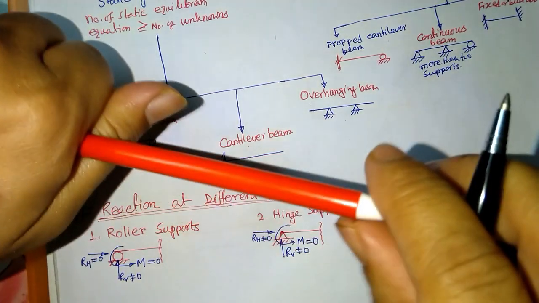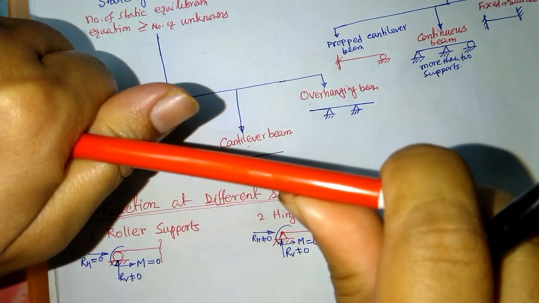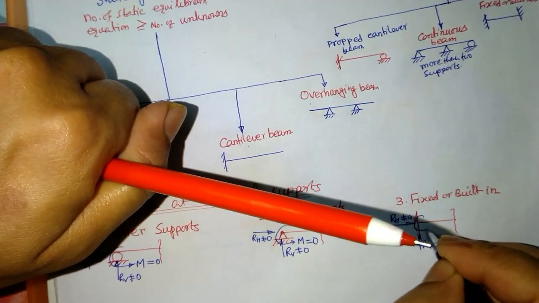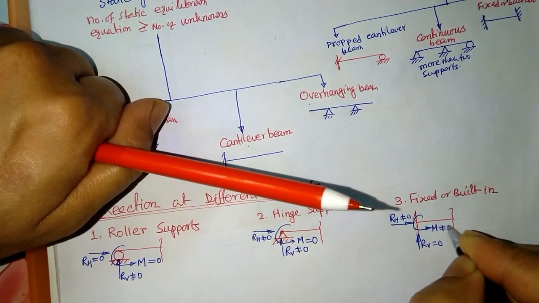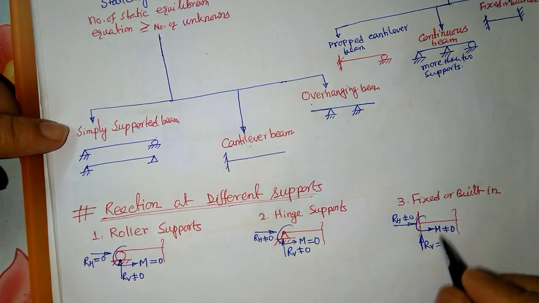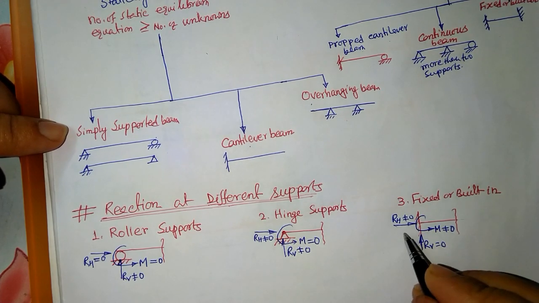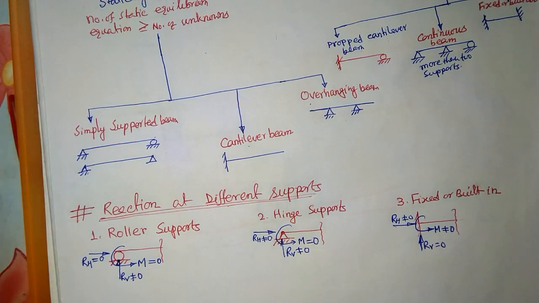And if it is fixed like that and you try to twist, it will bend, there will be no movement, so that's why it gives a moment reaction also, which is not equal to 0. So in fixed or built-in support, we get all three reactions: horizontal reaction, vertical reaction, and moment reaction. These are the different reactions for different supports.